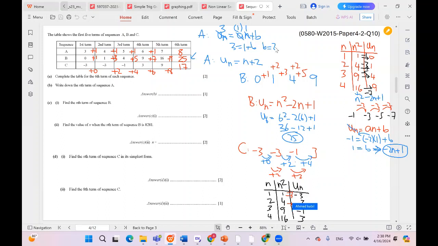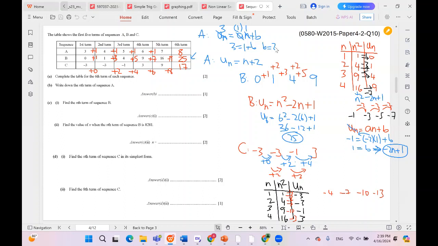From 4 to -3, that's -7, because -3 minus 4 is -7. And then -1 minus 9, that would be -10. And 3 minus 16 would be -13. So our sequence here is -4, -7, -10, and -13.